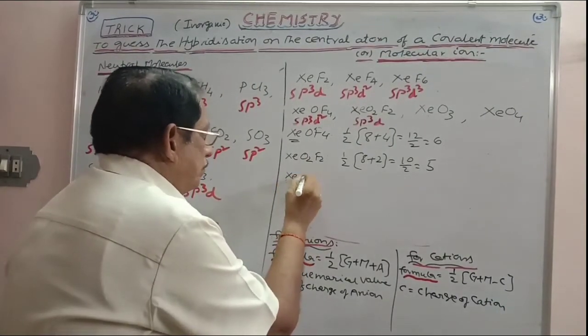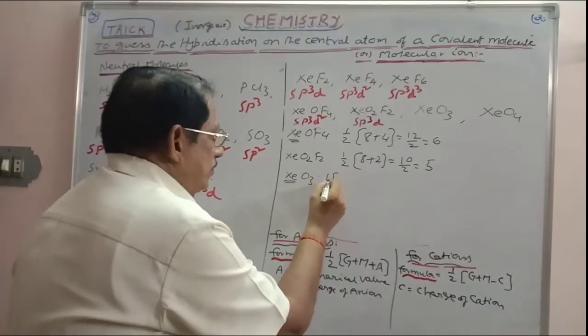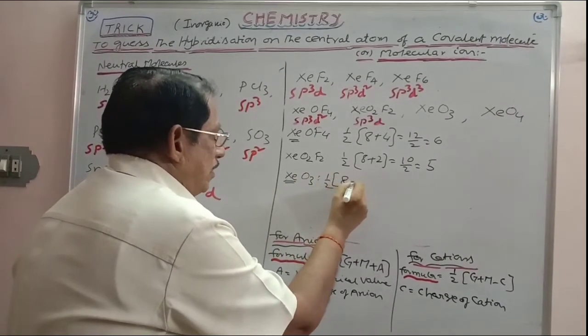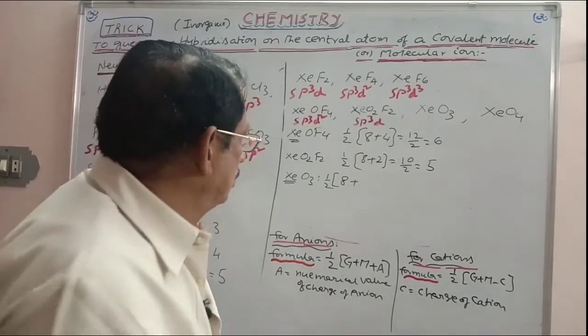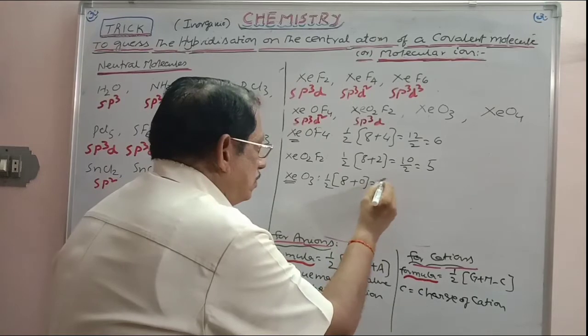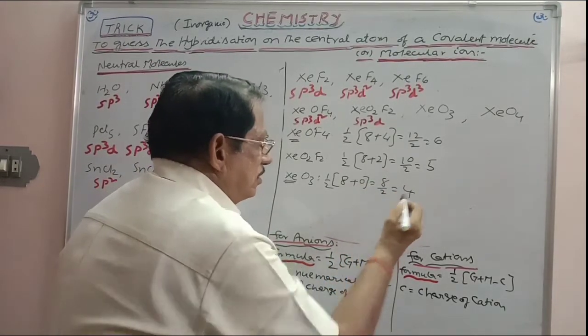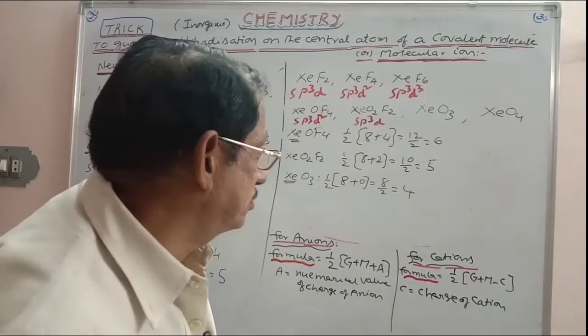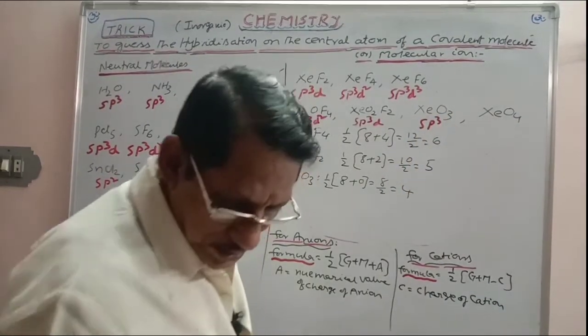XeO3, half into xenon 8, number of monovalent atoms 0, oxygen need not be counted. So 8 plus 0, 8 by 2 is equal to 4. That means what is the hybridization in XeO3? sp3, right?